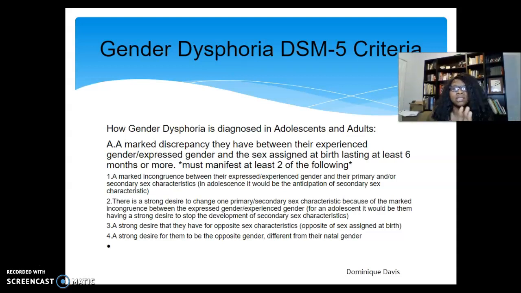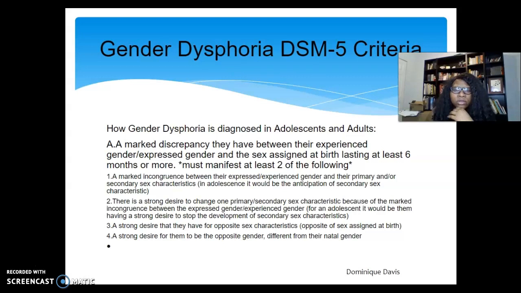In adolescence, it would mostly be them being very upset about the anticipation of secondary sexual characteristics, such as puberty, things associated with puberty, growing breasts, growing more hairy in places that they're not a fan of, becoming more muscular, taller, voice deepening, things of that nature.